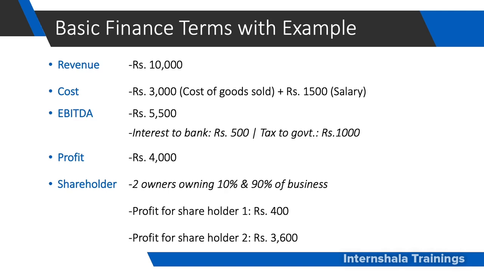The first shareholder will receive 10% of the 4,000 rupees, which is rupees 400. And the second shareholder will receive 90% of that profit, which is rupees 3,600.